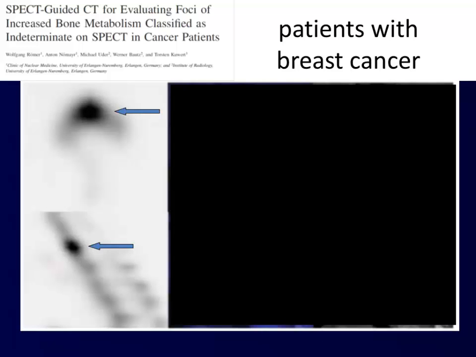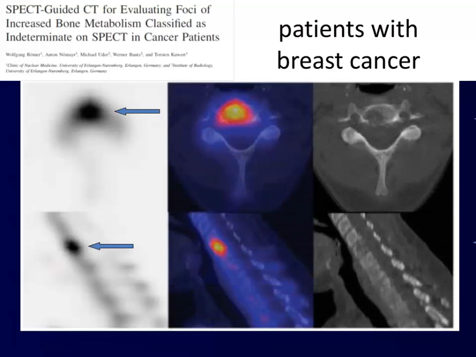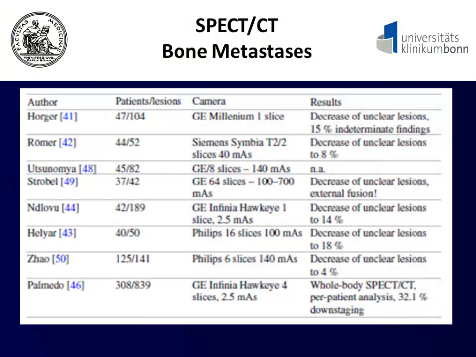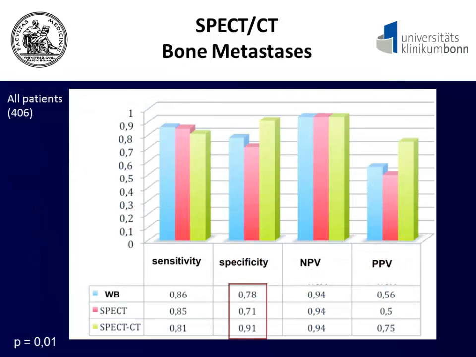But another patient with breast cancer, almost the same scenario, an accumulation in the neck region, and after a SPECT CT, they could find osteolysis in C5. It means with the SPECT CT, you can increase the specificity of the test. There are also a lot of publications regarding this subject, SPECT CT with bone metastases. All of them showed increased specificity and also a decrease of unclear lesions.